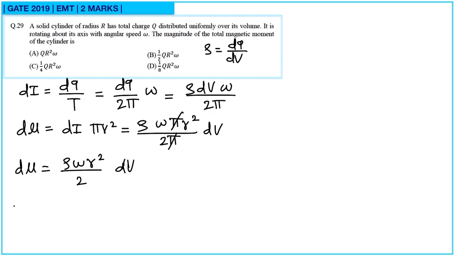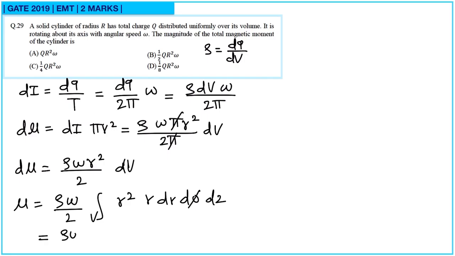That is volume element. Now total will be, we will take volume integral on both sides. So this will be rho omega by 2 integration of r square. Let us consider polar coordinates. So this will be r dr d phi dz. That is volume integral.